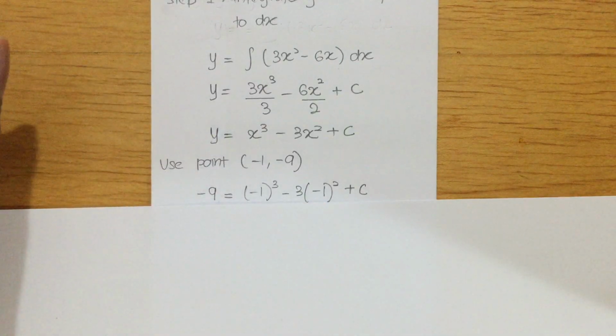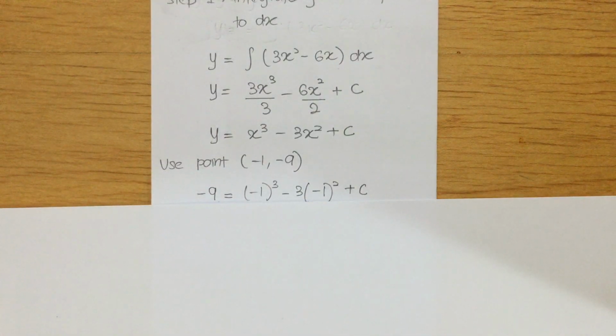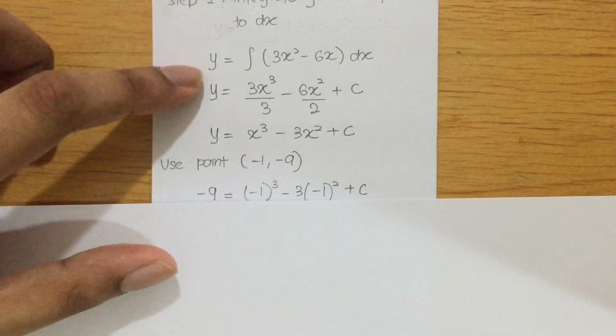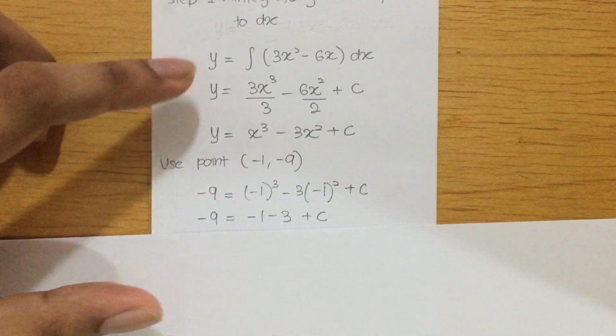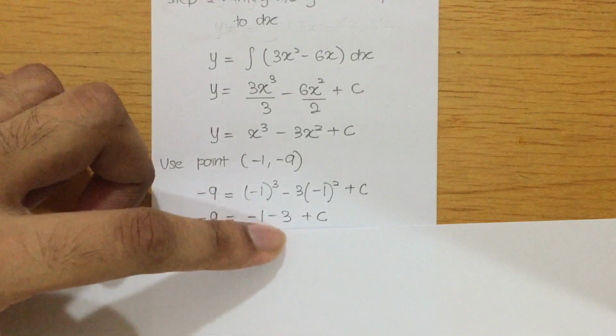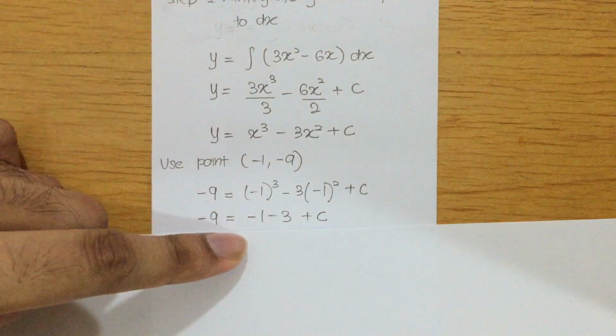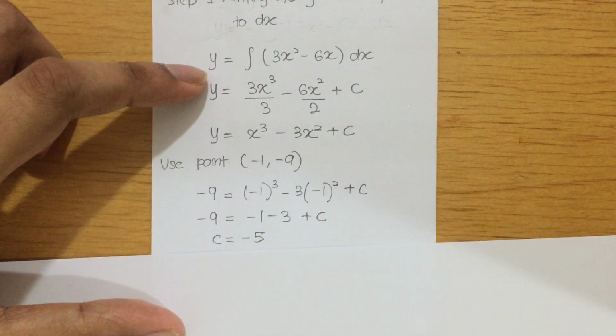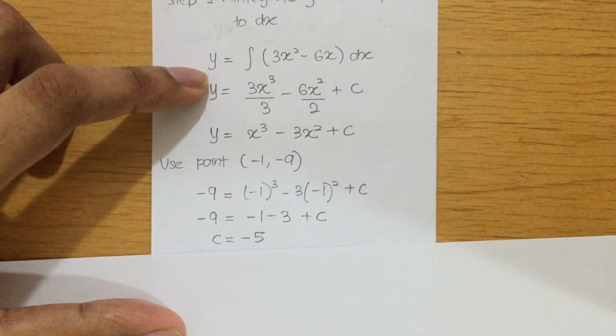But then you multiply by -3, so you get -3. So -1 minus 3 should give you -4. So -9 equals -4 plus c, and then your c, you should get -5.